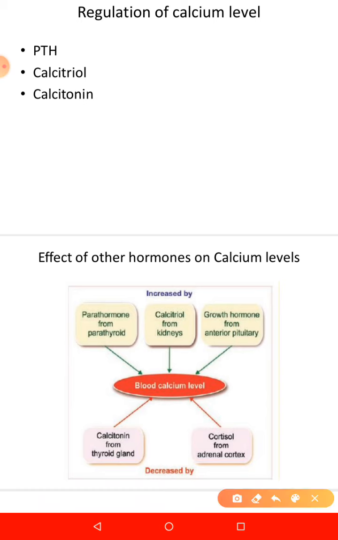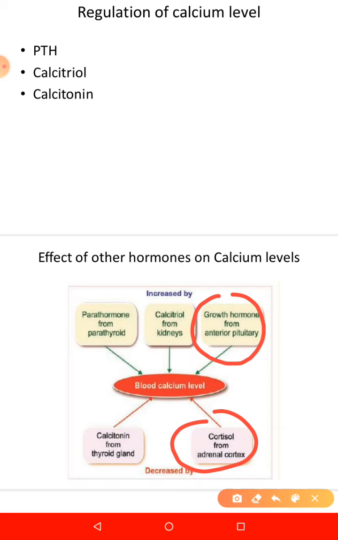One of them is cortisol from the adrenal cortex. This one decreases the levels of calcium. And then we also have growth hormone from the anterior pituitary gland. This also increases the levels of calcium in the body.